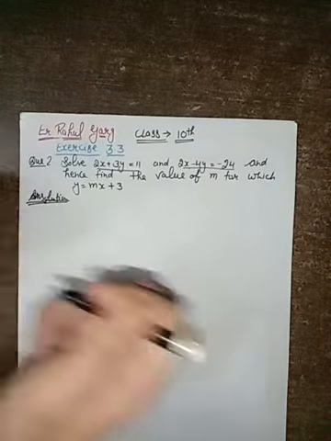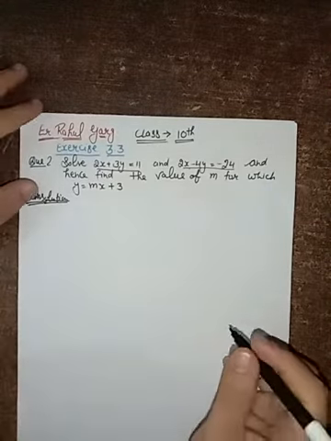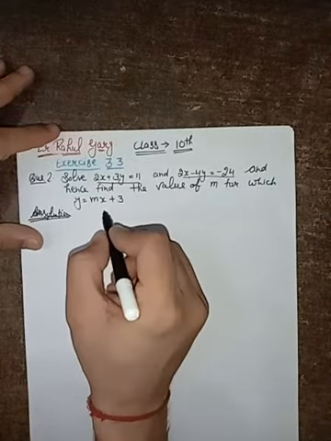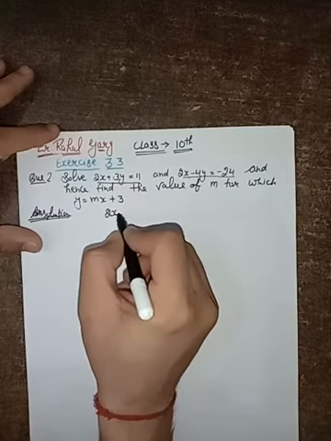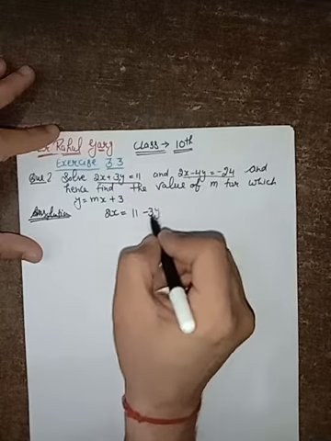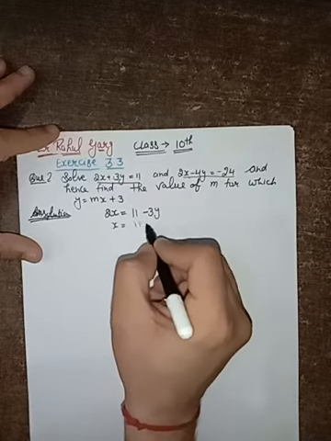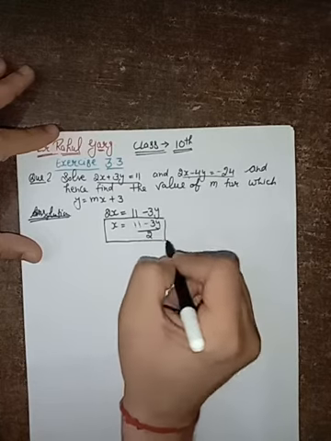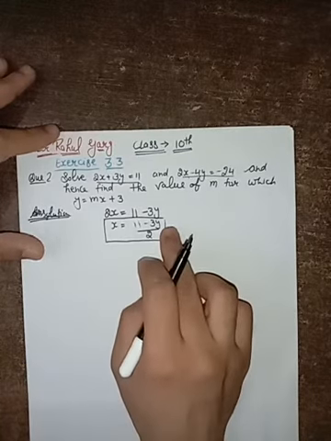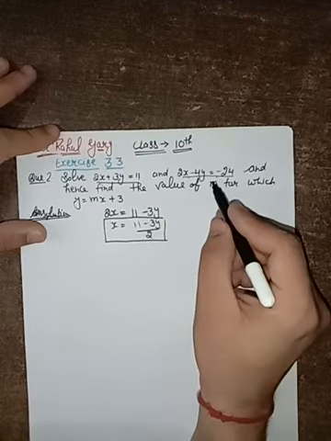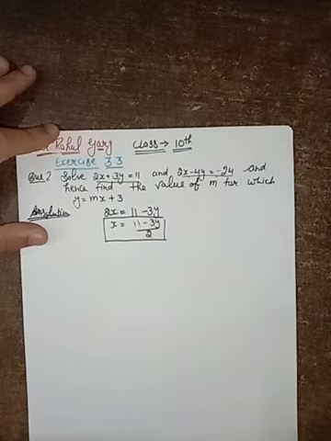So firstly, by the substitution method, we will find the value of x from the first equation. It will become 2x equals 11 minus 3y, x equals (11 minus 3y) divided by 2, and then you will put this value of x in the second equation. Here the equation will become in variable y and a numeric value.